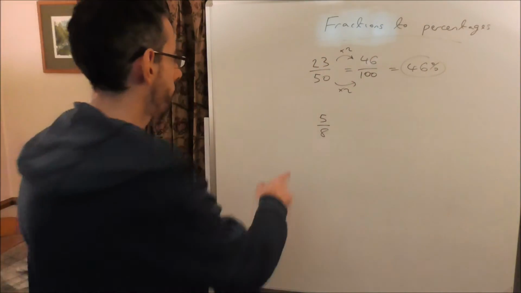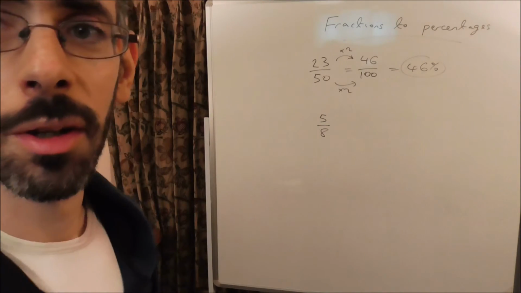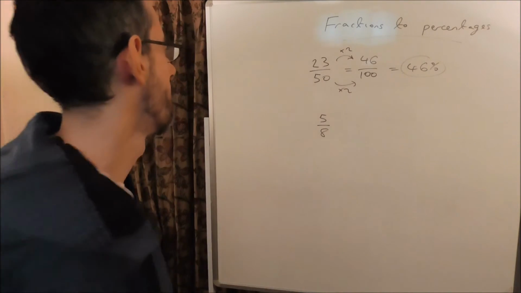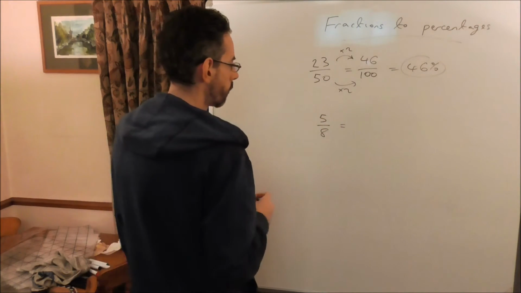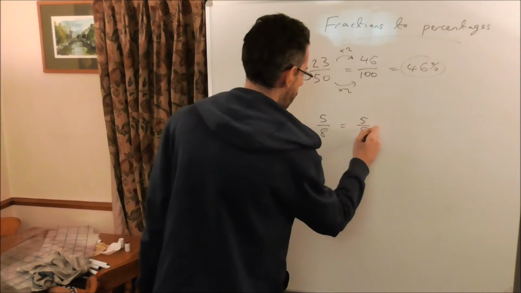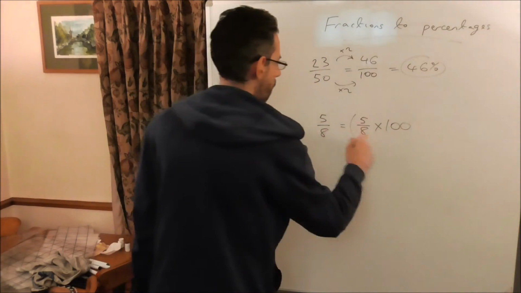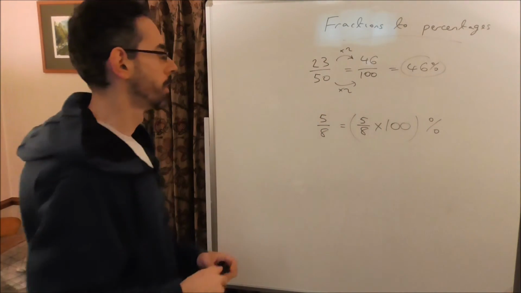You can't really do it here very easily because 8 doesn't go into 100, but I showed you a second method that works for any fraction, and that's just to multiply the fraction by 100. You just take the whole fraction and multiply it by 100. Whatever answer you get, it's that percentage.